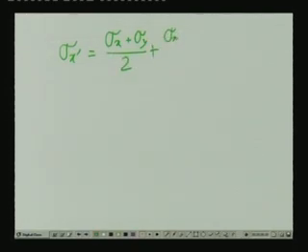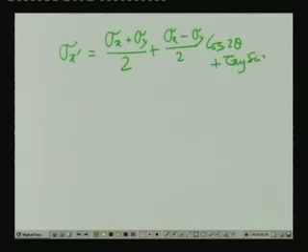Now, if you remember the transformation equation on any plane, sigma x dashed is equal to sigma x plus sigma y by 2, the normal stresses, plus sigma x minus sigma y by 2 times cos 2 theta plus tau xy sin 2 theta.